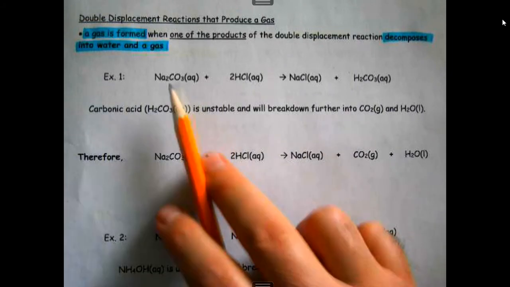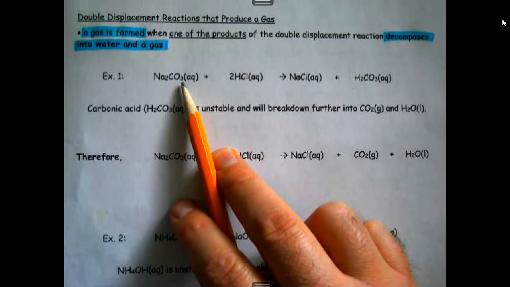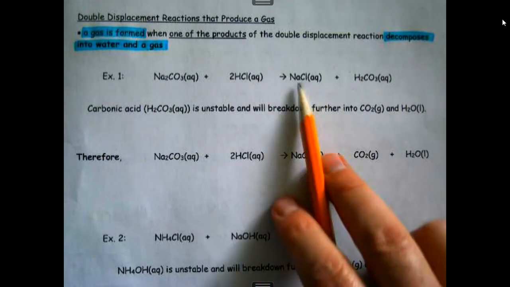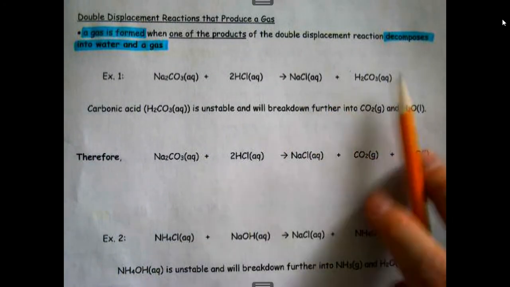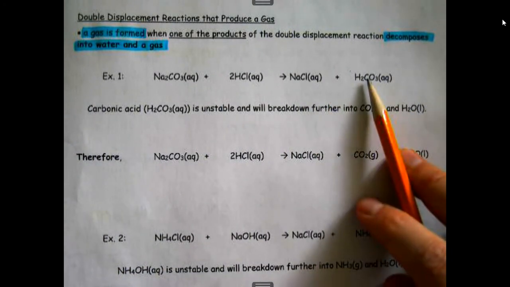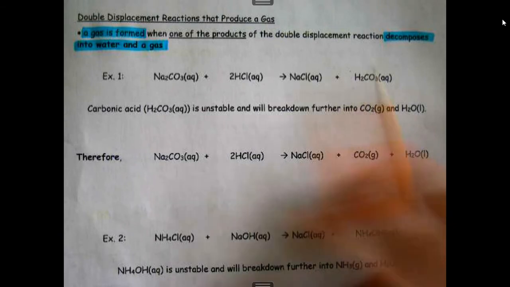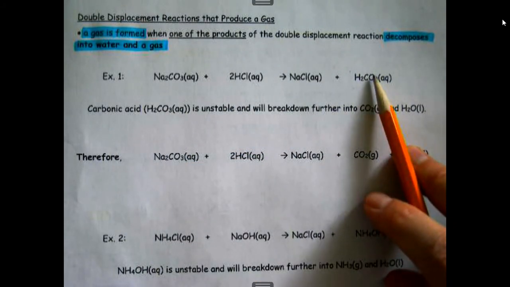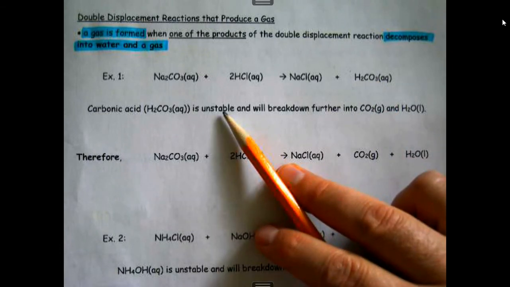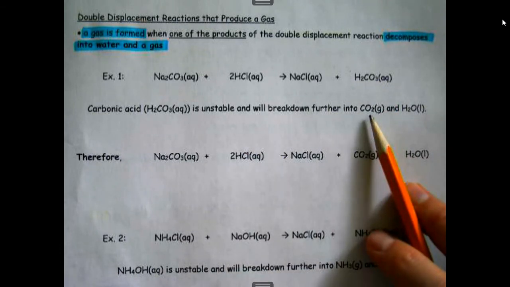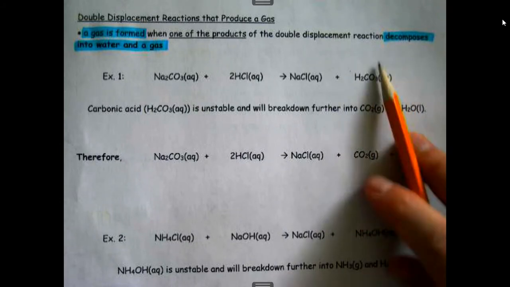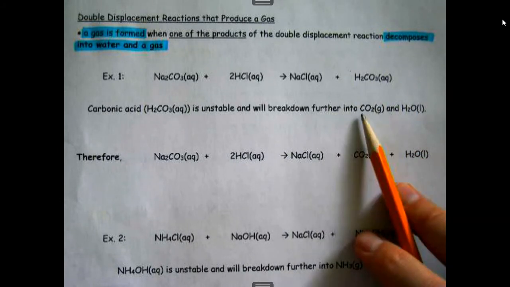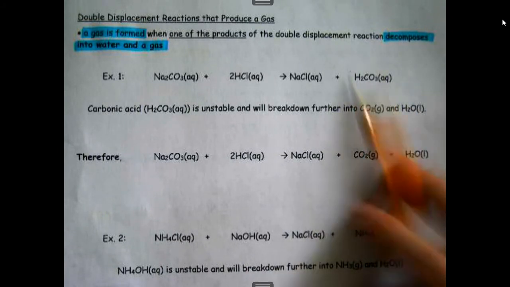So here's our example up here. You have sodium carbonate plus HCl, and you end up with sodium chloride, and you get carbonic acid here. Now the note here is that if an acid is produced, our oxoacids, they're unstable and they will break down into kind of the reverse of synthesis, right, of how this is formed. So this breaks down into CO2 and H2O. I don't even know if it really stays in that composition.